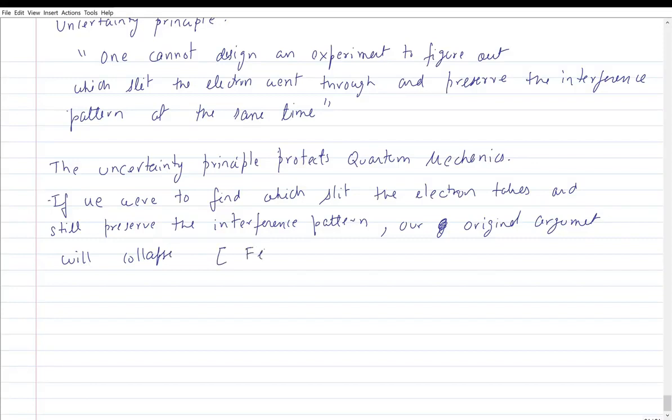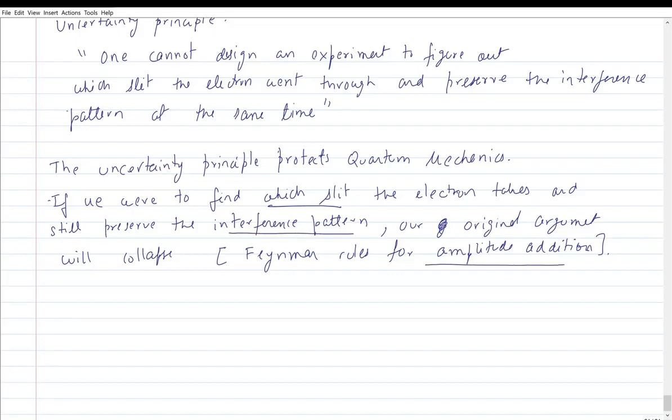By original argument, I meant Feynman rules for amplitude addition. Remember, we were adding probability amplitudes as long as our paths were indistinguishable. Now, if we were to make the paths distinguishable by finding which slit the electron takes, then if we had the interference pattern, which implied that there was still an amplitude addition, that leads immediately to a lot of paradoxes in the way we formulated the problem.